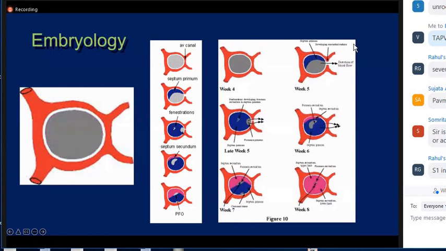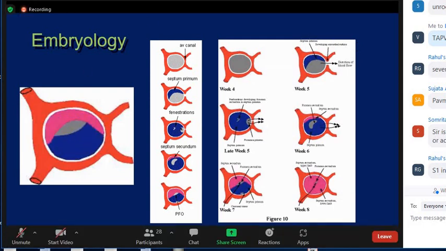Suppose this septum primum doesn't fuse with the endocardial cushion, then you have a primum ASD. Or if you have fenestrations which are bigger or multiple, then you will have a fenestrated ASD. So what will happen after some time?